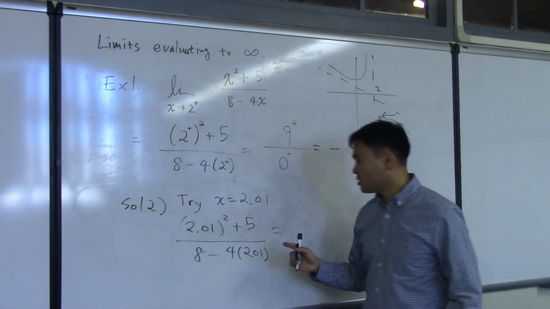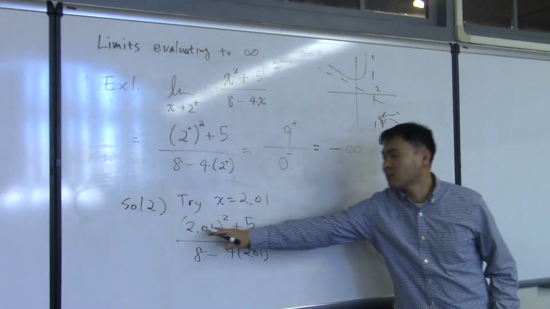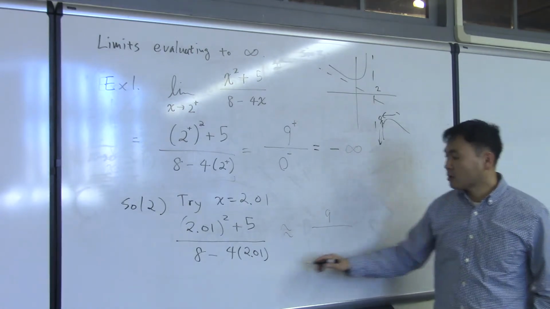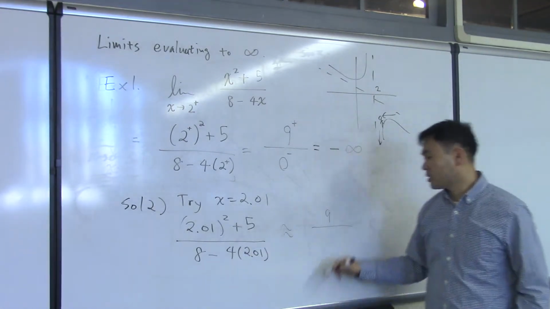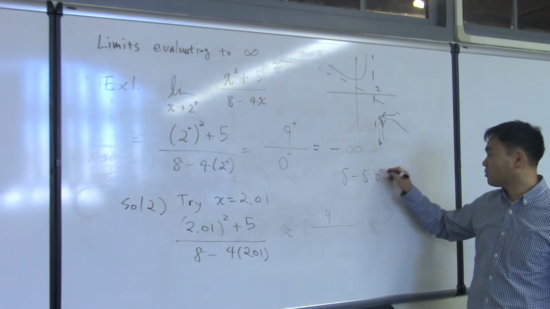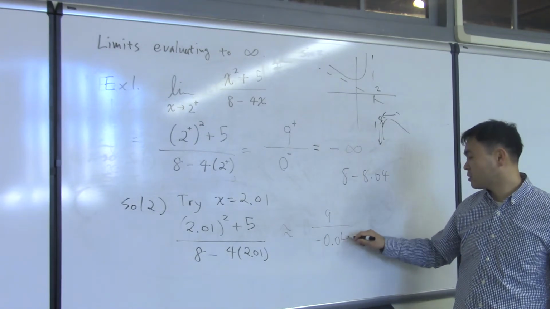The top is about 2 squared, which is 4, and 4 plus 5 is about 9. The bottom is 8 minus 8.04, so the bottom would be negative 0.04.